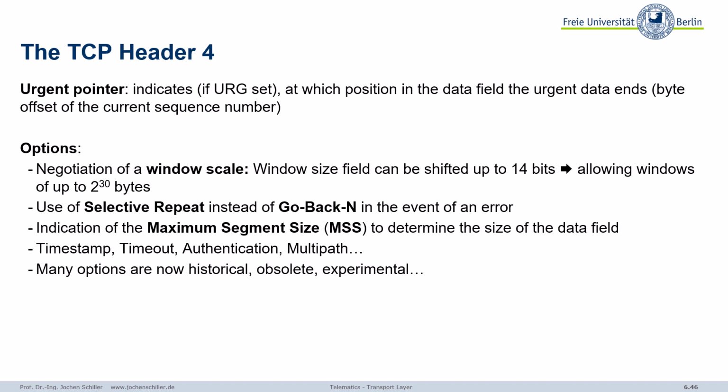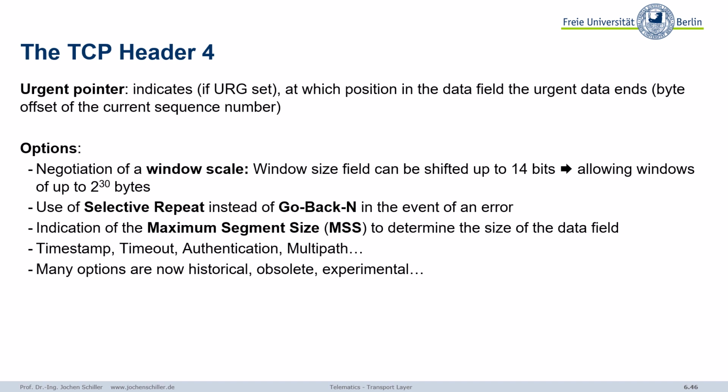We have different options. Many of the options are today historical. Remember, the protocol is quite old. They're obsolete, some are experimental. You will also find some experimental bits, flags used in the header. What I showed you is just a set of flags as defined in the standard.